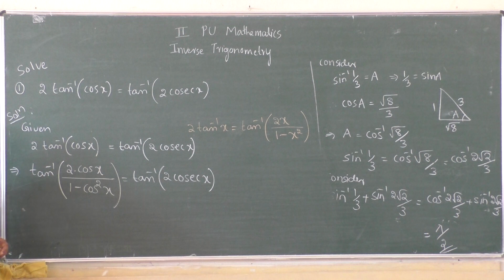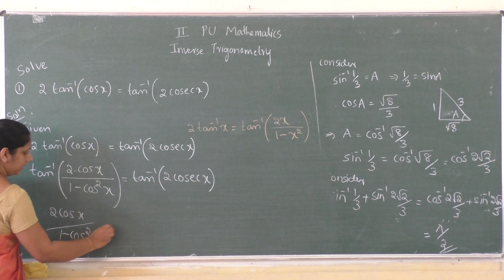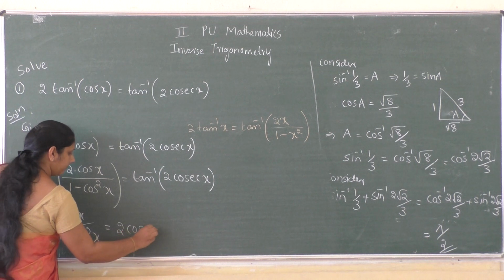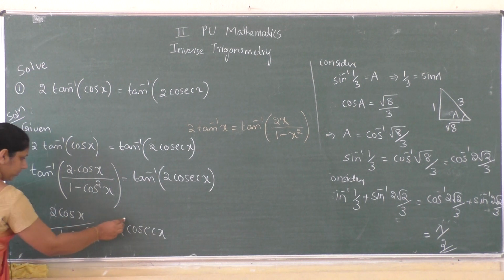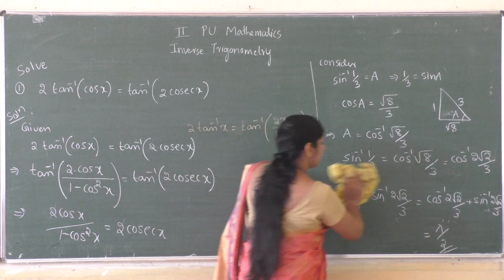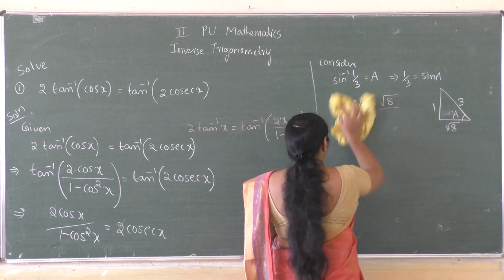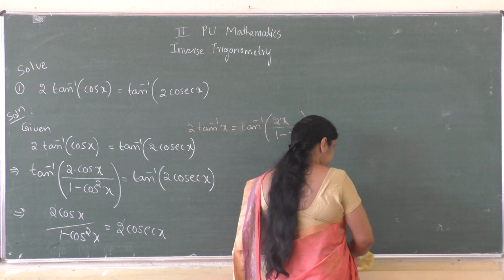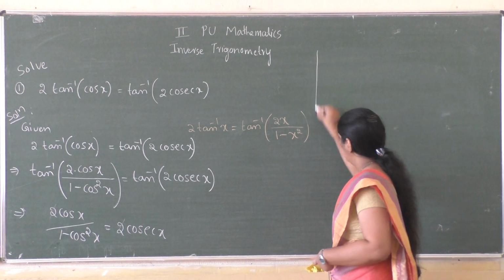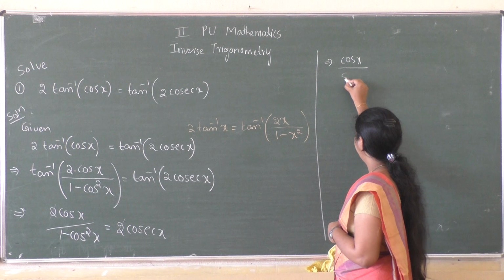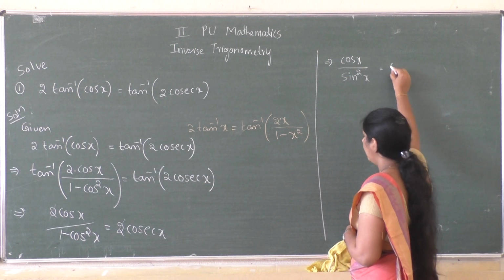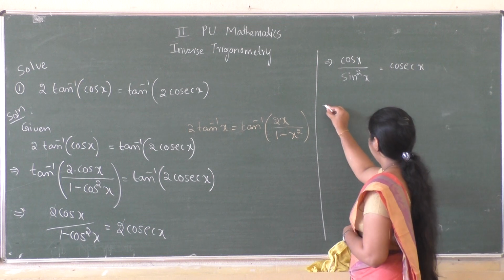which is equal to tan inverse of 2 cosec x. Now by the property you can write like this, that is 2 cos x by 1 minus cos square x, which can be written equal to 2 cosec x. Now we will simplify this. 2 to cancel. What is 1 minus cos square x? By the property it is sin square x, so it is cos x by sin square x is equal to cosec x.